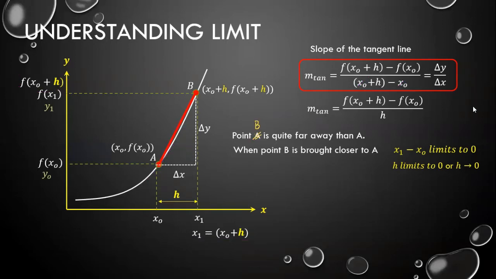Okay, next. The gradient will be closer to 0. Once again, when point B is brought closer to A, that means the gradient will be closer to 0.